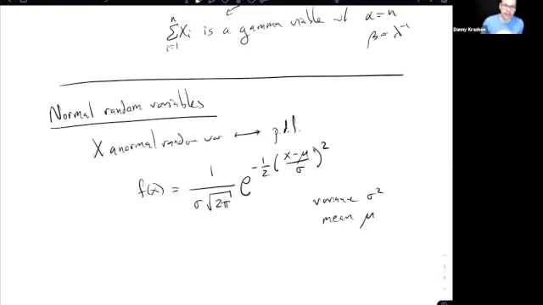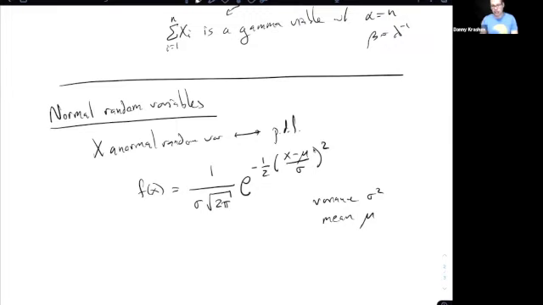And this is a very important random variable because it comes up all the time in the central limit theorem. So the point being that if you have a bunch of identical random variables which are independent, and you add a bunch of them up, and then you renormalize them so that their mean is some fixed thing and their standard deviation is some fixed thing by just rescaling and shifting if needed, then it looks closer and closer to a normal random variable.